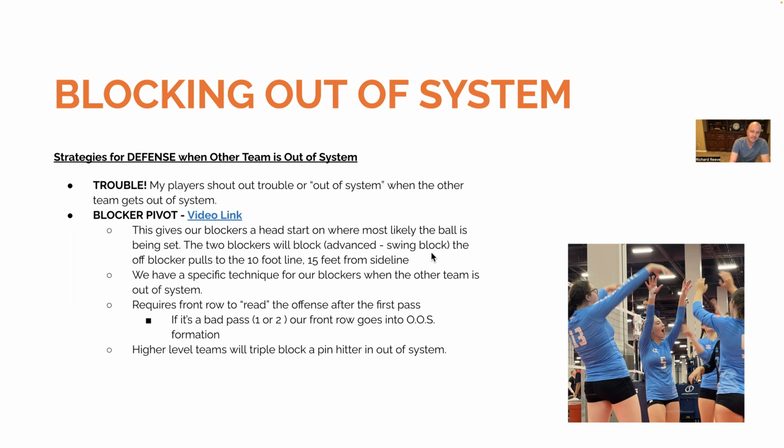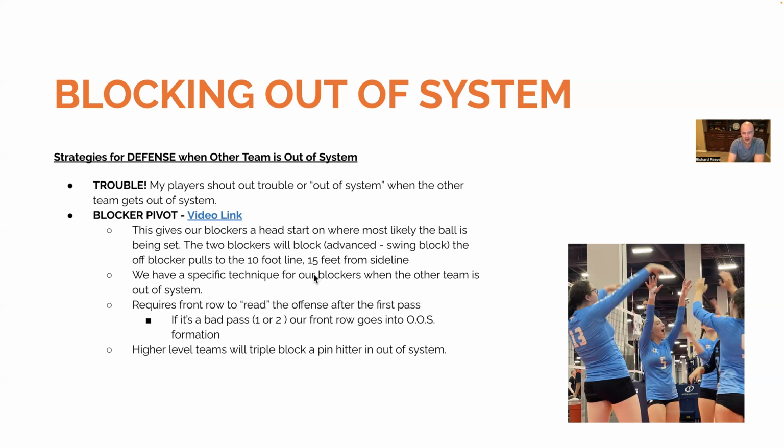For a more advanced team, and our 18s this year does this more, we actually want 3 girls so we want a triple block an out of system ball to a pin hitter or a pipe. So 2 blockers and 1 off block. And then for triple or for advanced, we triple block when the other team's out of system.